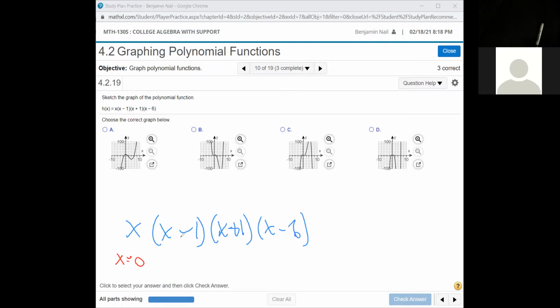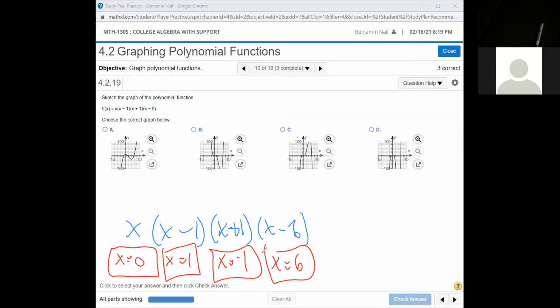X minus 1, so that means positive 1 is going to be your 0 because 1 minus 1 is 0. X plus 1, okay, negative 1 plus 1 is 0. X minus 6, all right, that means 6 is a 0. So I should have these 4 zeros.